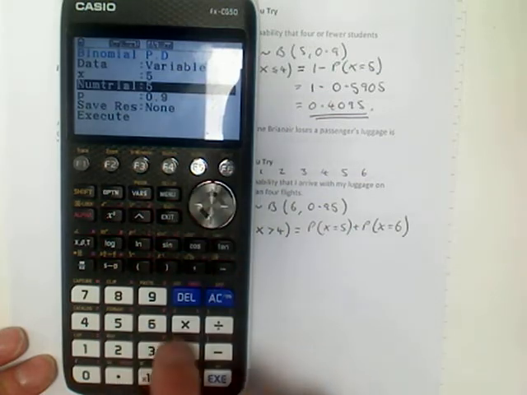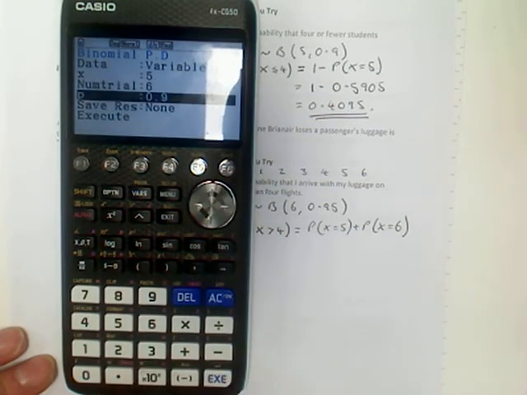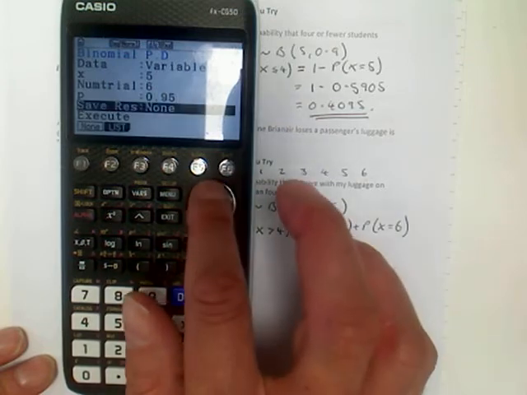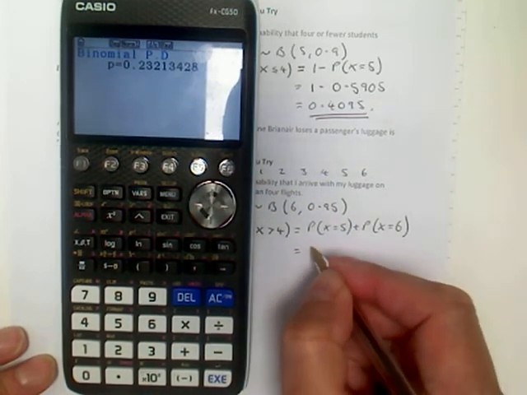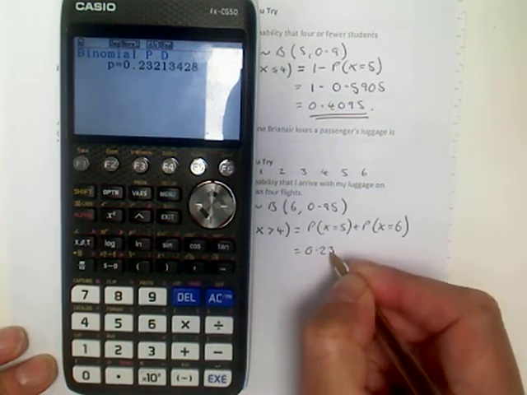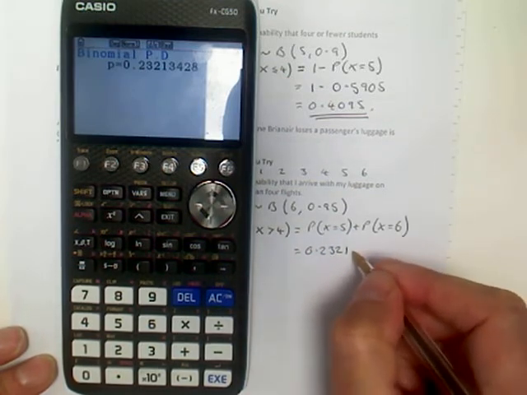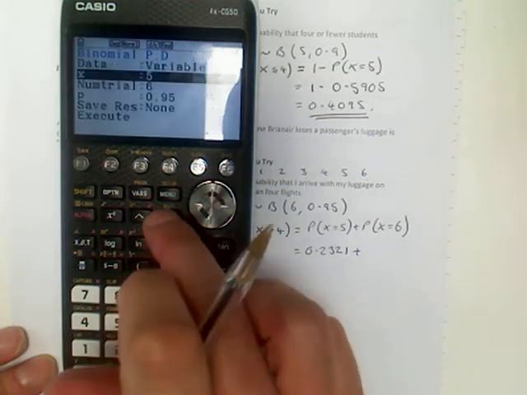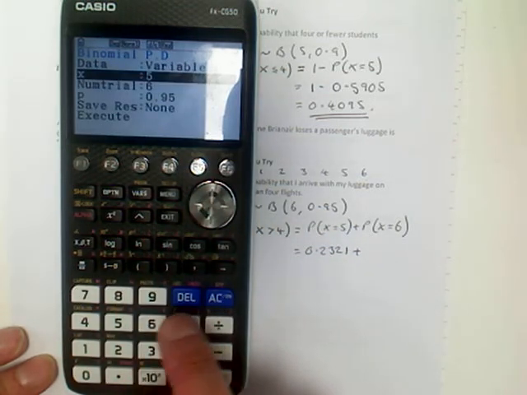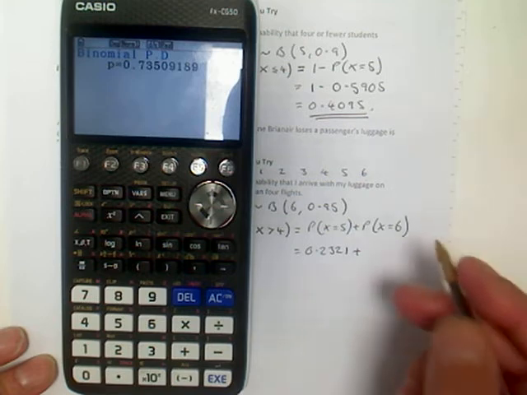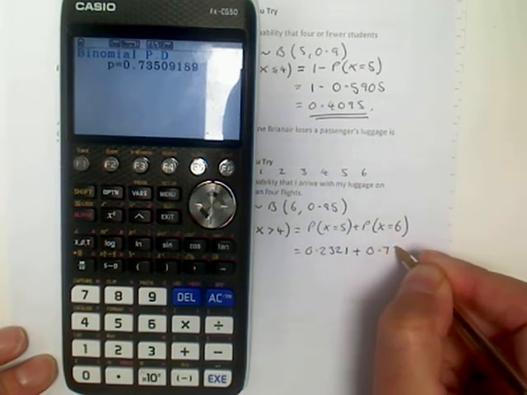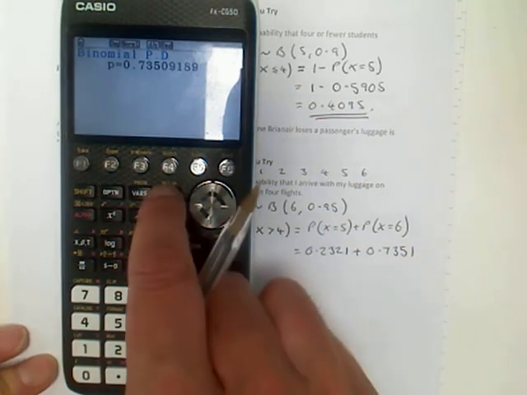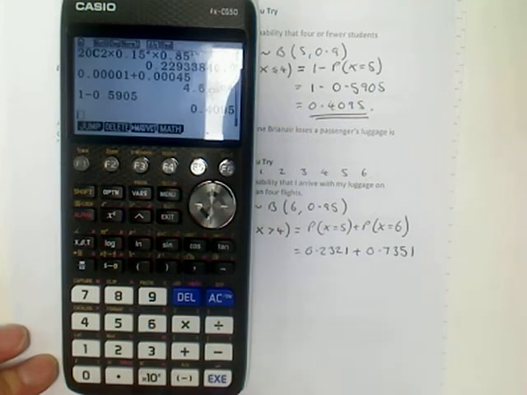Number of trials is 6, probability of arriving with my luggage is 0.95, probability of 5, so that is 0.2321, and I'll do those to 4 significant figures for these. Also the probability of x being equal to 6 is 0.7351.